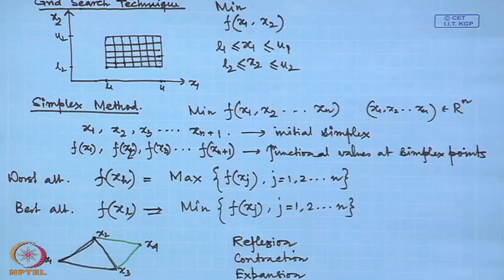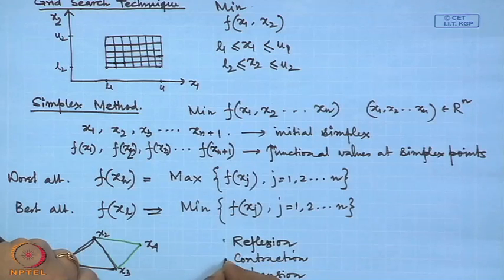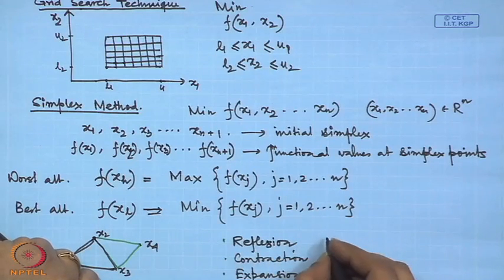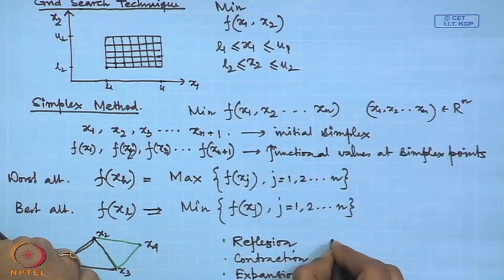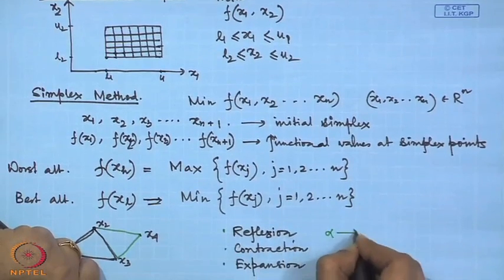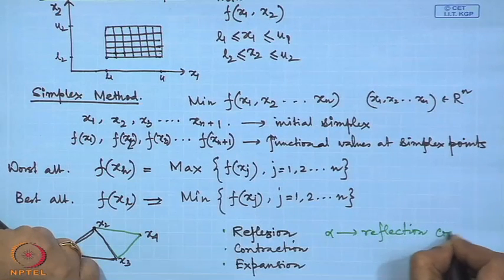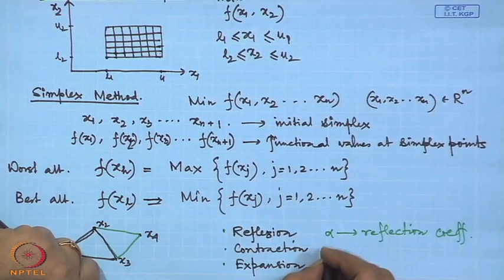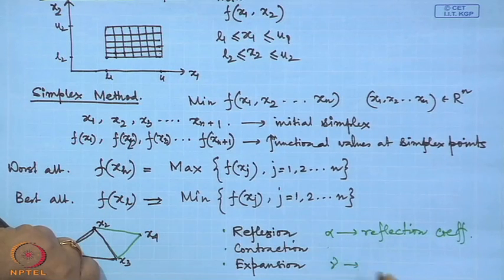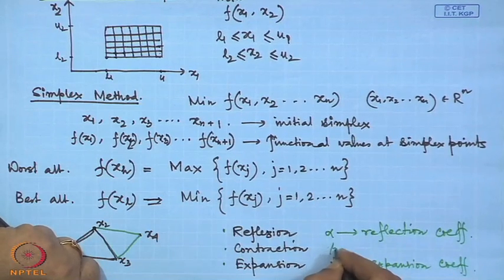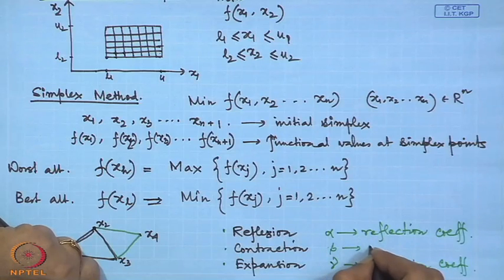And these methods depend on certain parameters as well: the reflection coefficient, which we are naming alpha, and we are considering gamma as the expansion coefficient, and beta as the contraction coefficient.